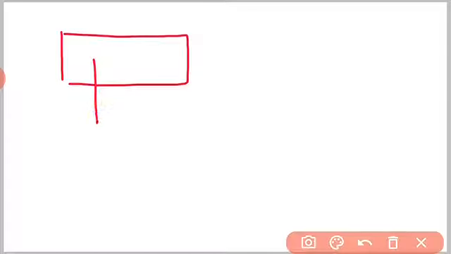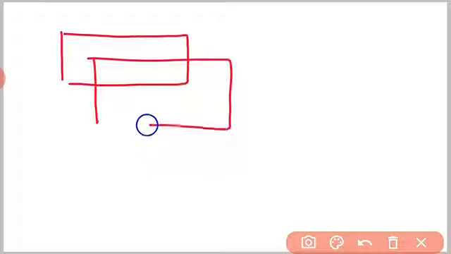In your lower classes, you have studied solid shapes. In that, you might have come across cuboids and cube. So cuboid is made up of rectangular faces.